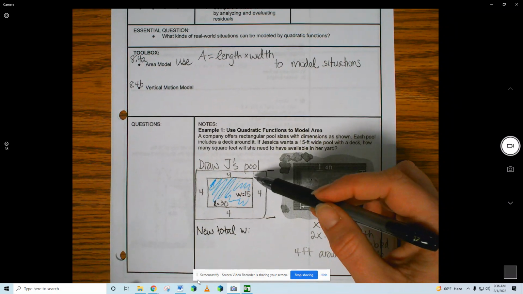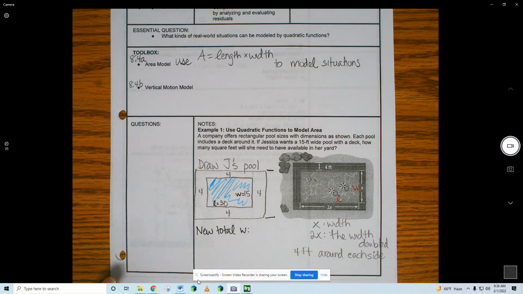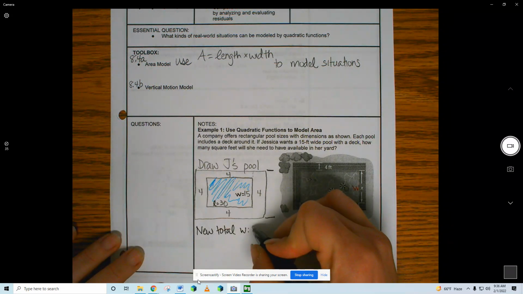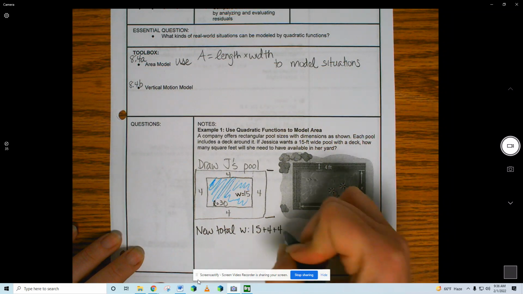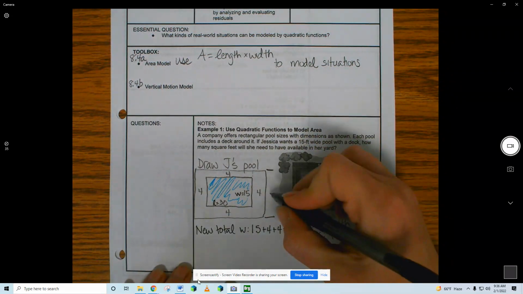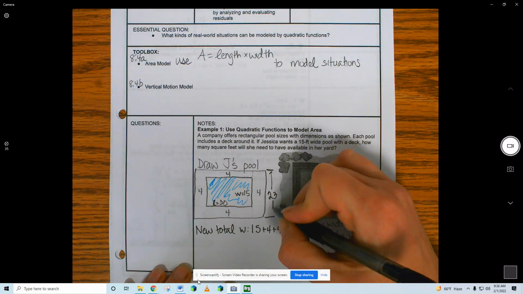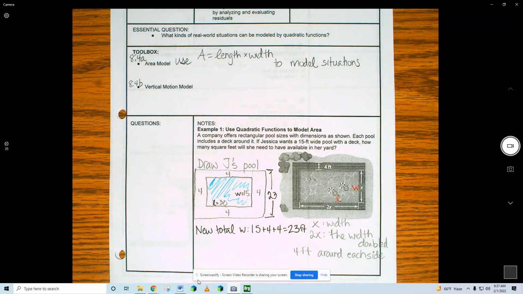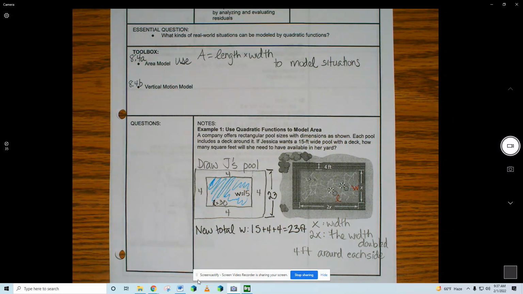So 23. 23 is 15 plus 4 plus 4. All right, width, top to bottom, she needs to have 23 feet in her backyard, just for the width.